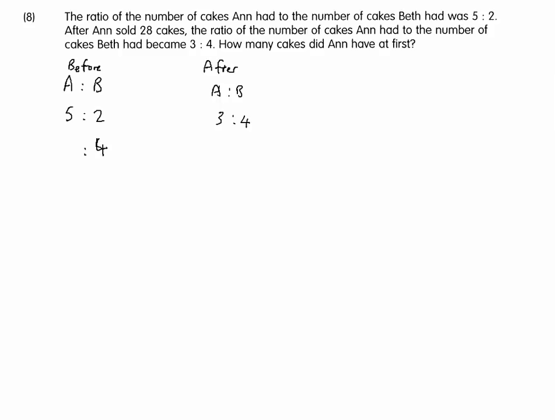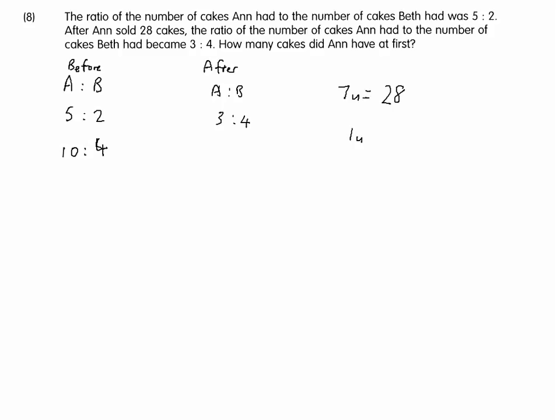So, how many units did Anne's cakes change by? 7 units. You can see that there's a change of 7 units from 10 to 3 units. And this 7 units equals how many cakes? 28 cakes. So we know that 1 unit equals 4 cakes, right?